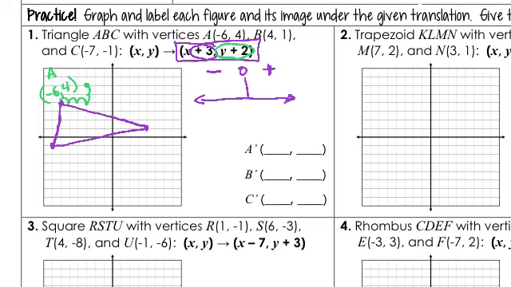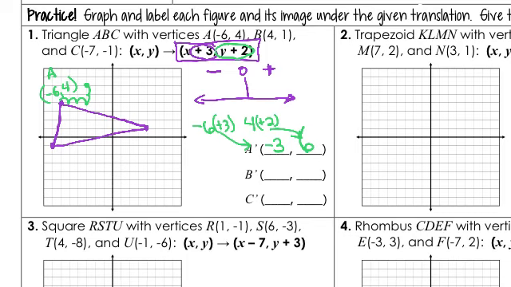Our new location adds 3 to the x value and adds 2 to the y value. So our new location is negative 3, positive 6. If you look at what it was, negative 6 plus 3 more is negative 3. And 4 plus 2 is 6. And so our new location is negative 3, positive 6.